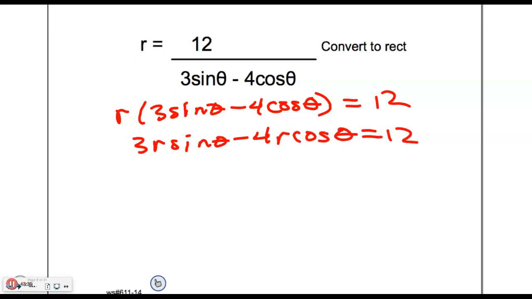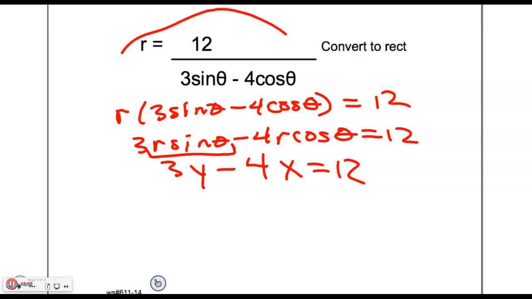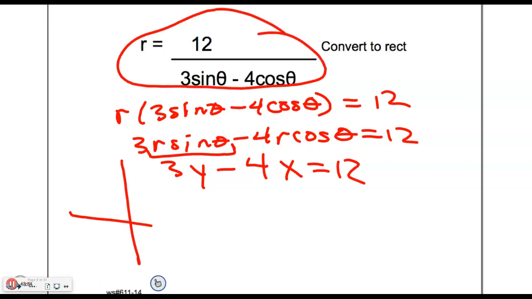Keep going then. And then you now have manipulated it into getting what? 3y minus what? 4x equals 12. If you graph this in polar, it will make that line through 0, 4 and 3, 0. You could test it if you want, but it will.